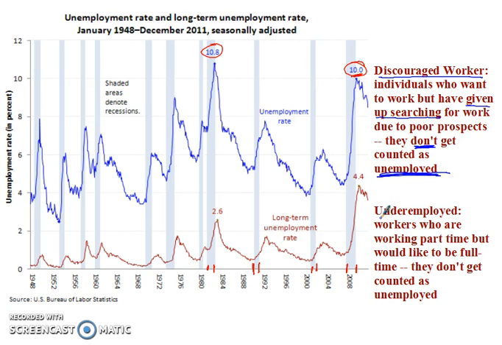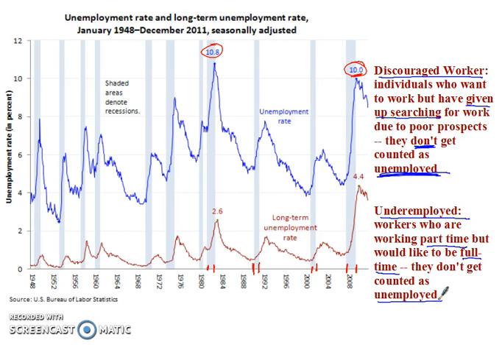Also, you have to worry about the underemployed. The unemployment statistics don't capture this either. These are workers who are working part-time, but they want to be full-time. They don't get counted as unemployed. They get counted as employed.